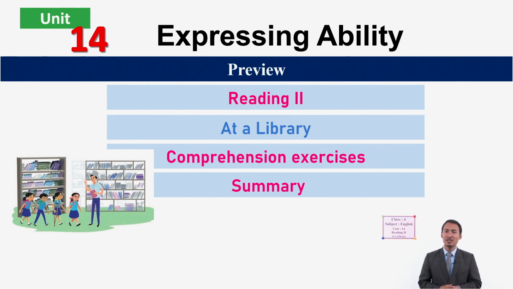Okay students, do you see that section, At the Library, with this picture? We have a picture with kids like you and a librarian. A person who stays in a library and gives you books or gets you registered there is a librarian. We have comprehension exercises after that, and we will complete our today's lesson.